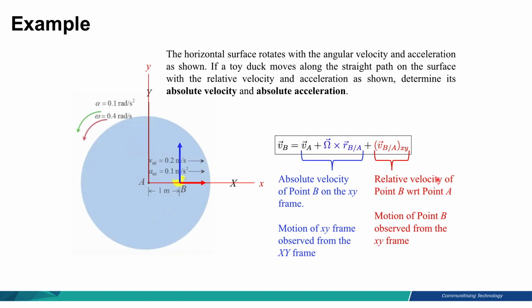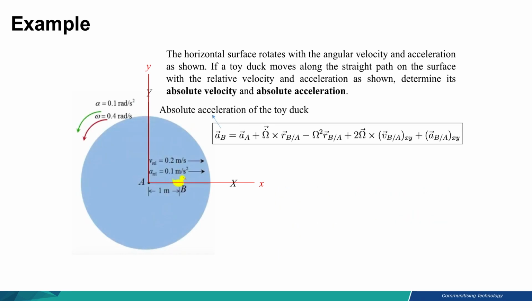This is the relative velocity of point B with respect to point A. So this red arrow represents the last part of the equation. This blue arrow going up is the first part of the equation.